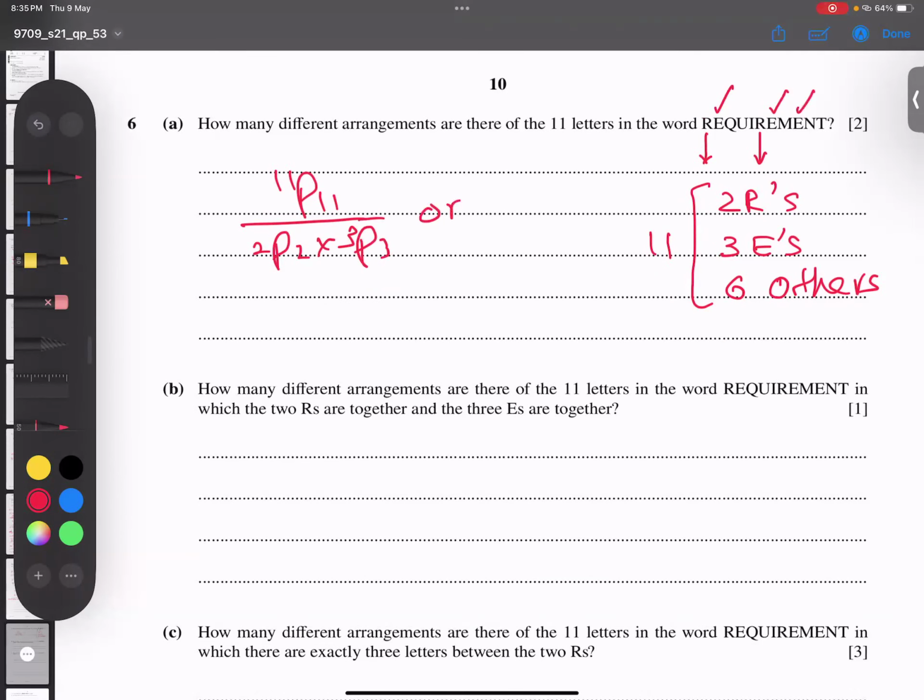Or you can write it in factorial language. Factorial only comes when this number and this number are equal, otherwise it never comes. Okay, let's type in the calculator. It is coming 11 factorial divided by 3 factorial into 2 factorial, 3326400. Okay, students, this idea is very clear. Alhamdulillah, let's go for next.